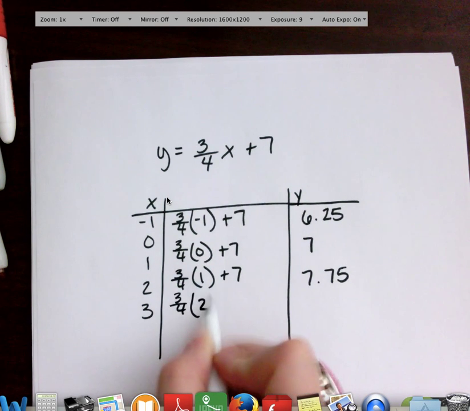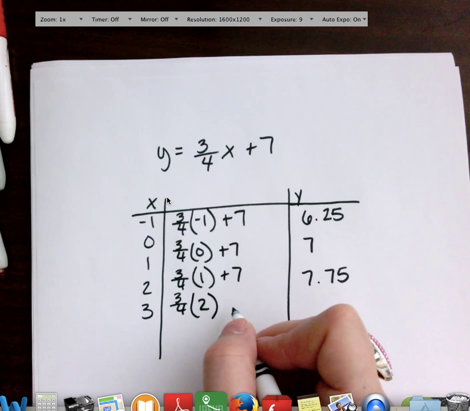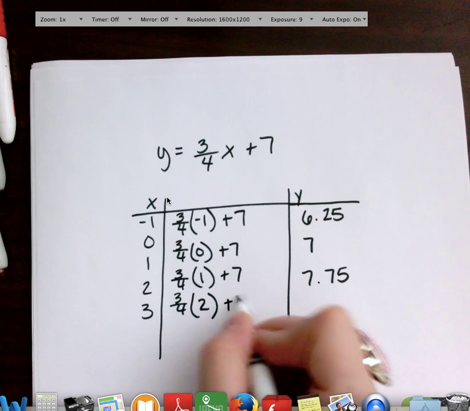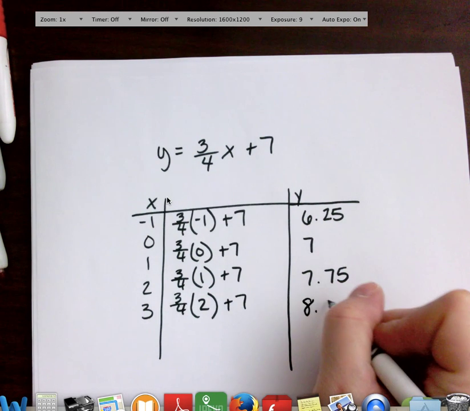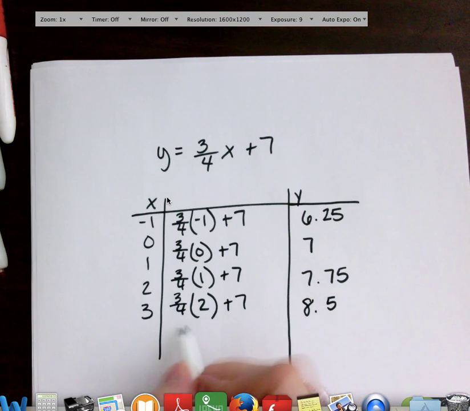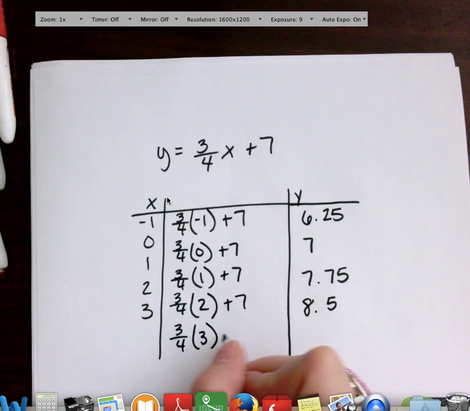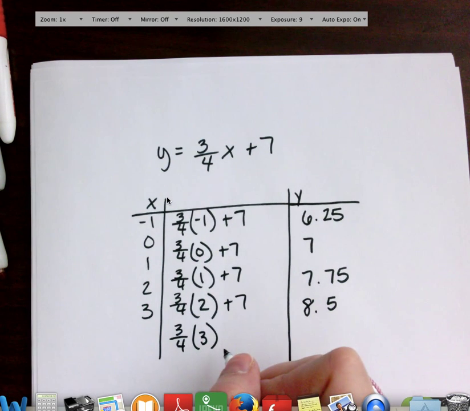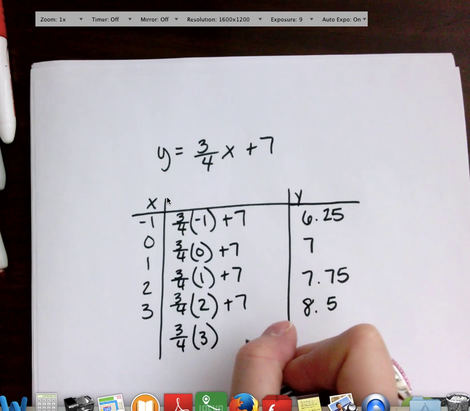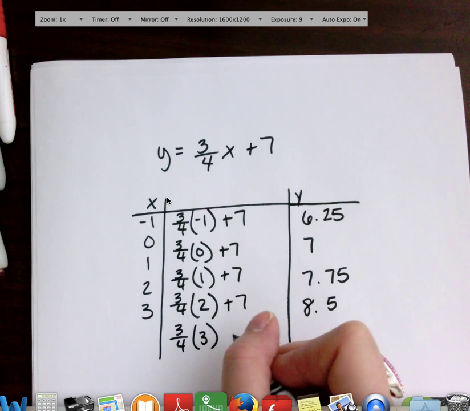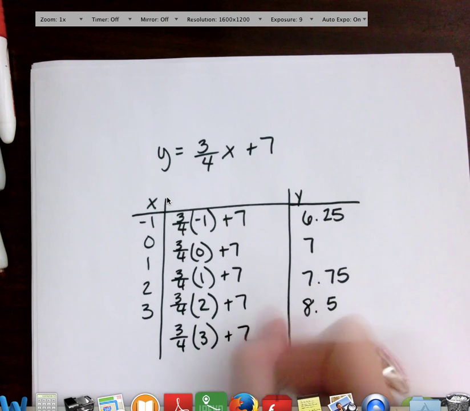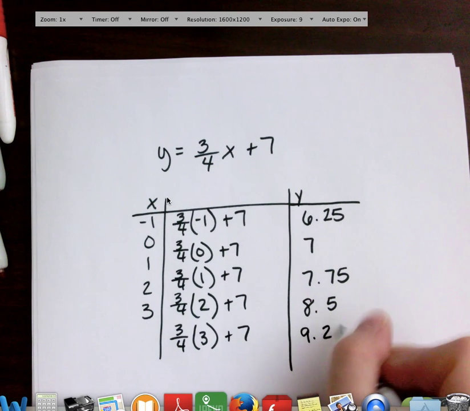3/4 times 2 is going to be 1.5, plus 7 gives me 8.5. And finally, 3/4 times 3, 9/4, plus 7. 9 over 4 is 2 1/4. So 2 1/4 and 7 would give me 9.25.